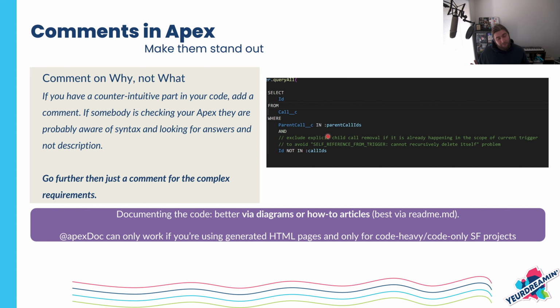Apex doc, my heart belongs to this, but it only works for code only or code heavy projects, and only if you're using the actual output of Apex doc. Other than that, it's just a waste of space, adding a lot of greens into your code, maybe looking really fancy, but there's no value. You're not helping anybody by this.